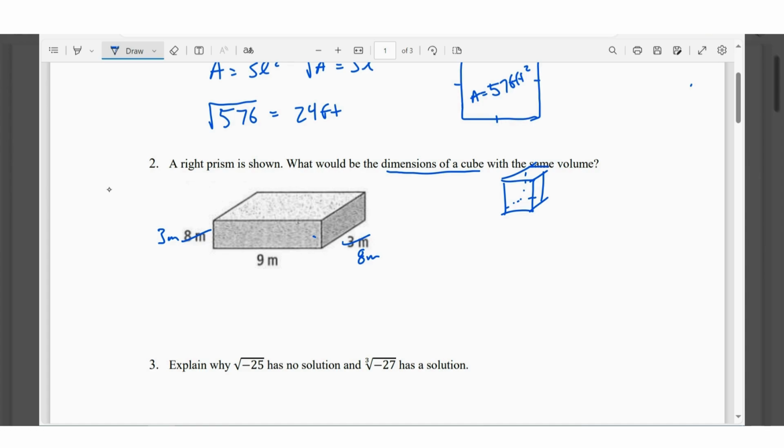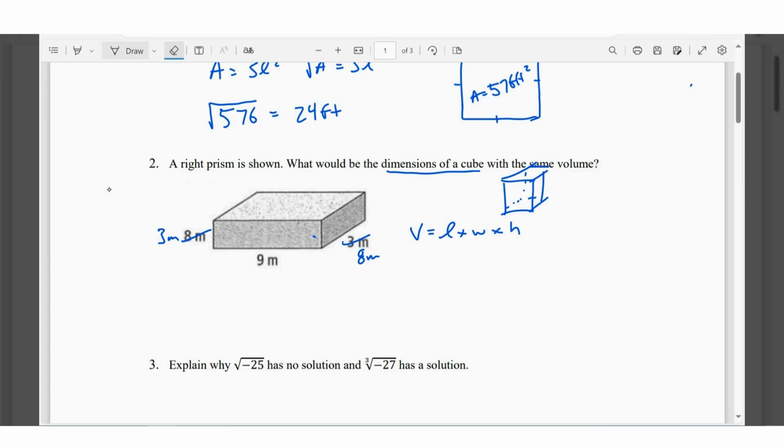We first need to find the volume of this shape. And you recall that volume equals length times width times height. It doesn't really matter what order you go in. This box, if you can imagine it, could be on any of its sides, flipped up this way or flipped up a different way, and it would still take up the same amount of space.